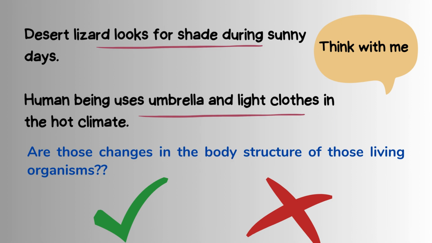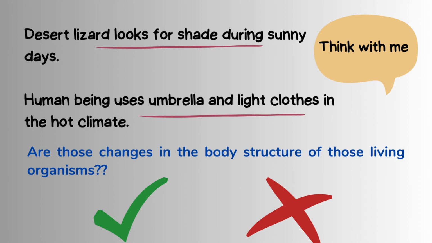Also, we studied human beings using umbrellas and light clothes in the hot climate. So, the question here: are those changes in the body structure of those living organisms or not?